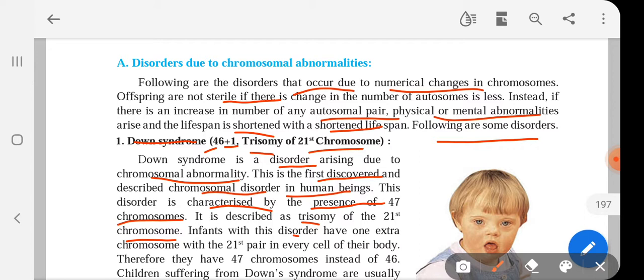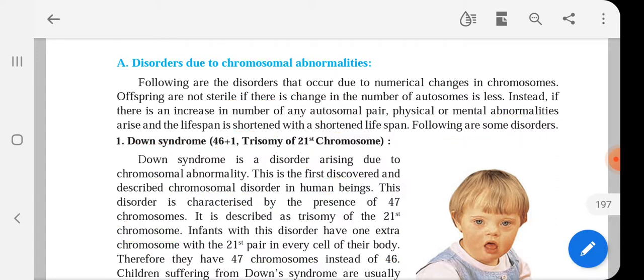Infants with this disorder have an extra chromosome with the 21st pair in every cell of their body. Therefore, they have 47 chromosomes instead of 46. So, this is the problem in those children who are born with one extra chromosome, and they have 46 plus 1 chromosomes in every cell of their body.